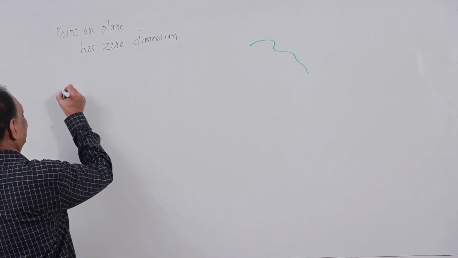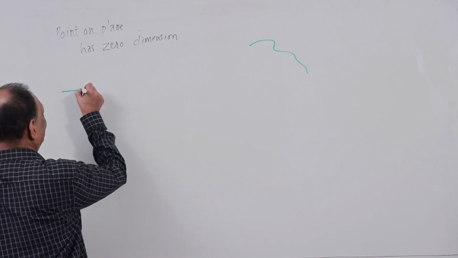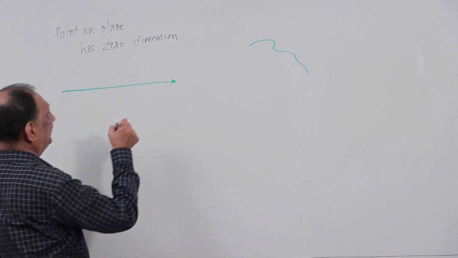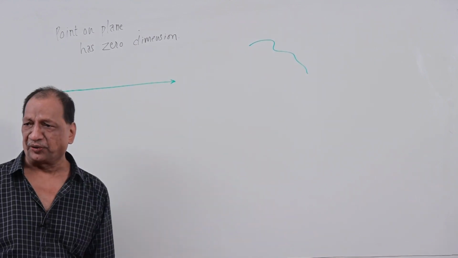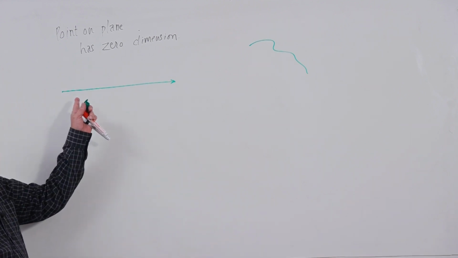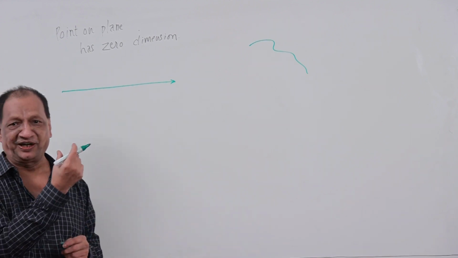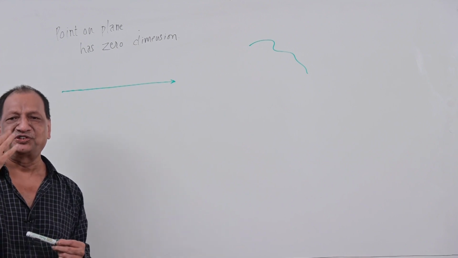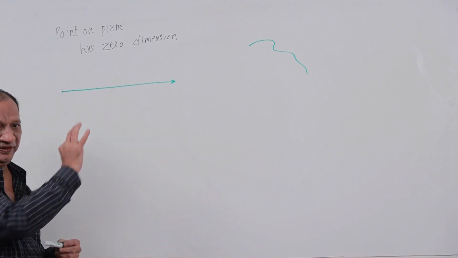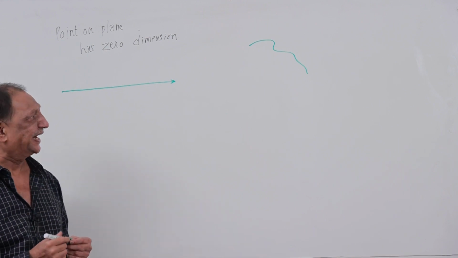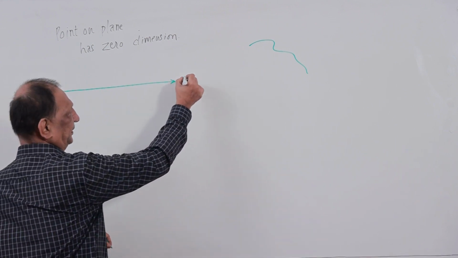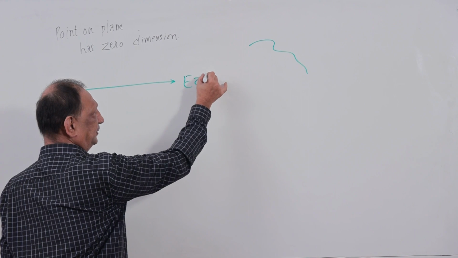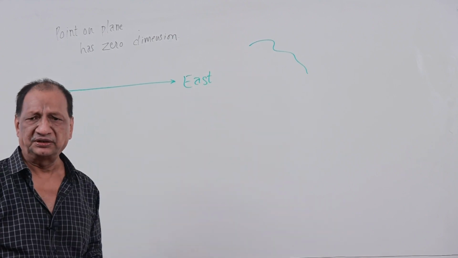So what is a line? Line is a series of points which are joined together of zero dimension. Of course, now this has got a dimension. When I write on the board, it has got a thickness also. That is only for our visibility. But assume that it is zero height. So I draw a line in one direction, maybe east or something. So east is the direction I have chosen to draw this line.